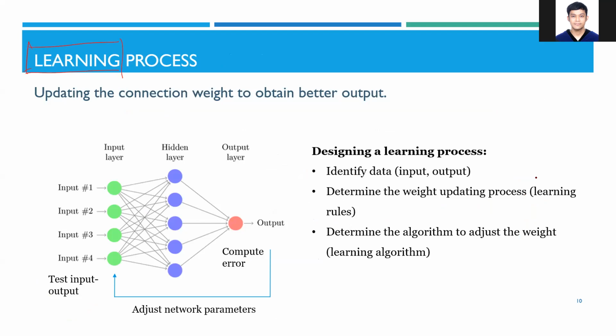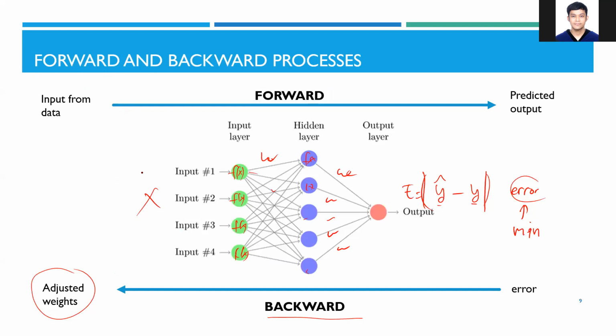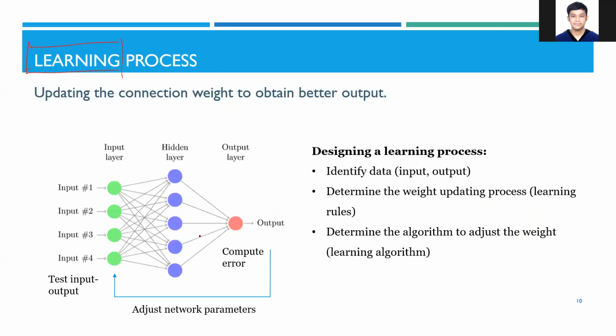It is basically this: we ask this structure to learn from the input data, so the weights will be optimal. The learning is updating the connection weights to get a better output. We do forward and backward several times, and we call it the learning process.